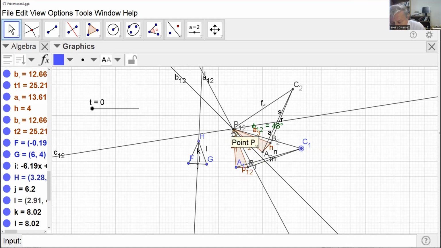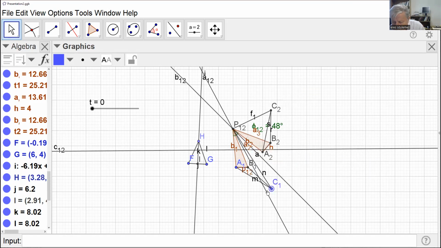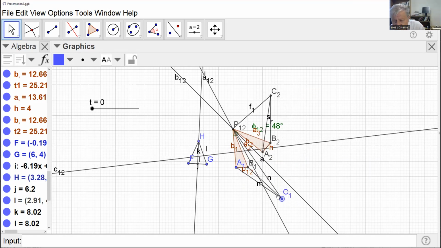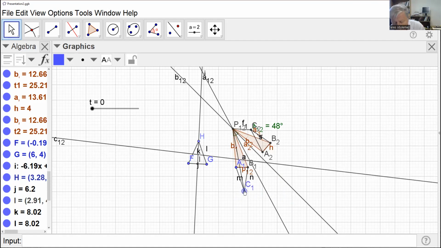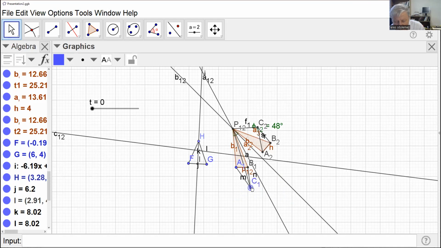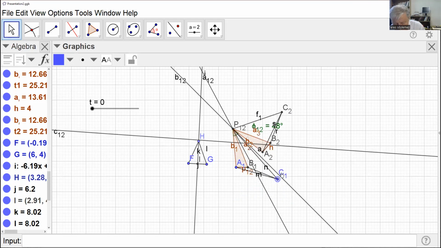If A1, P12, A2 is equal to phi 1, 2, you add and subtract beta, so C1, P12 to C2 is equal to phi 1, 2. Okay? The same reason that I have stated when I showed A1, P12 to A2 is equal to B1, P12 to B2. Is that it?